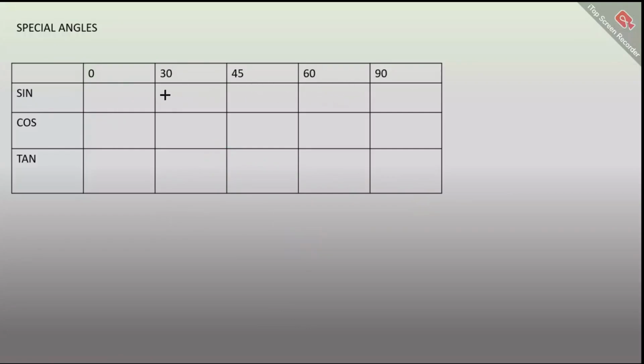You just start counting 0, 1, 2, 3, 4. Make sure you know it for sine, then you use it to find cos. It's just going to be the opposite. I'll show you how. You take the square root, then divide by 2. The square root of 0 is just 0. Divide by 2, you still get 0.